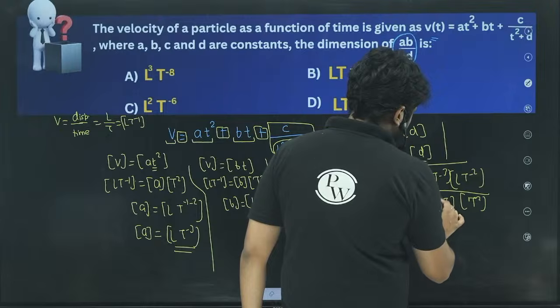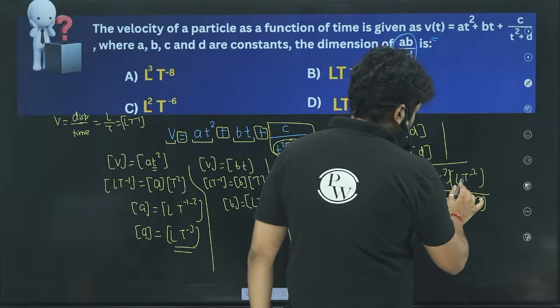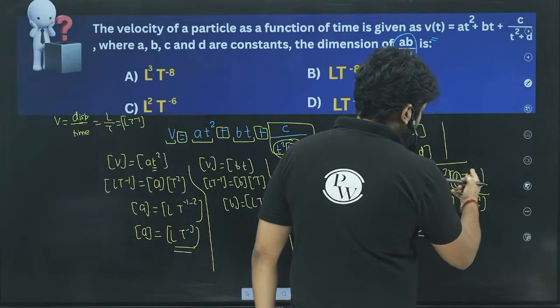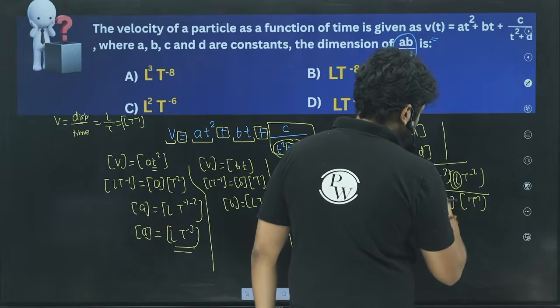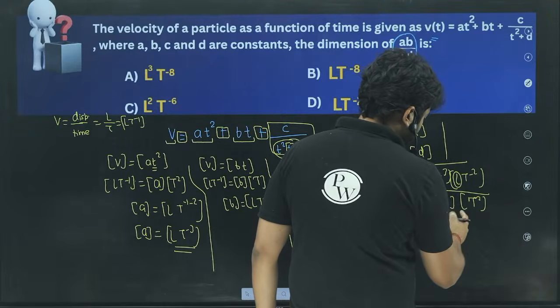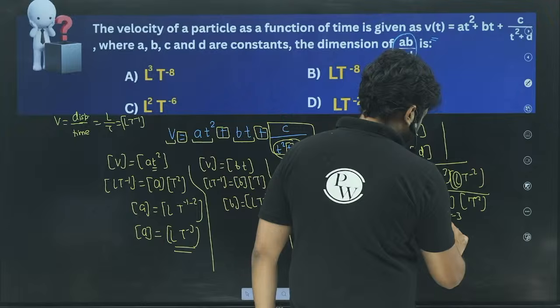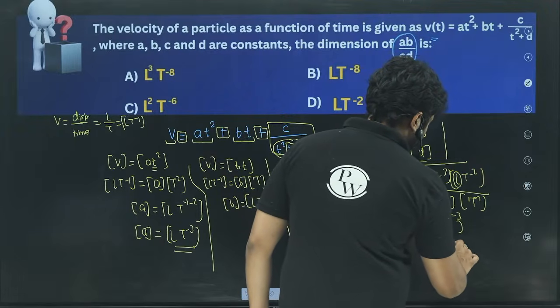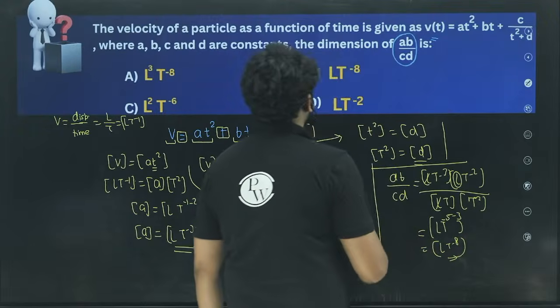So the power of L cancels out, only one remains. Minus 3 and minus 2 is minus 5, and with T^3 it will go up. So you see that LT^-8 will be the answer, which is option B.